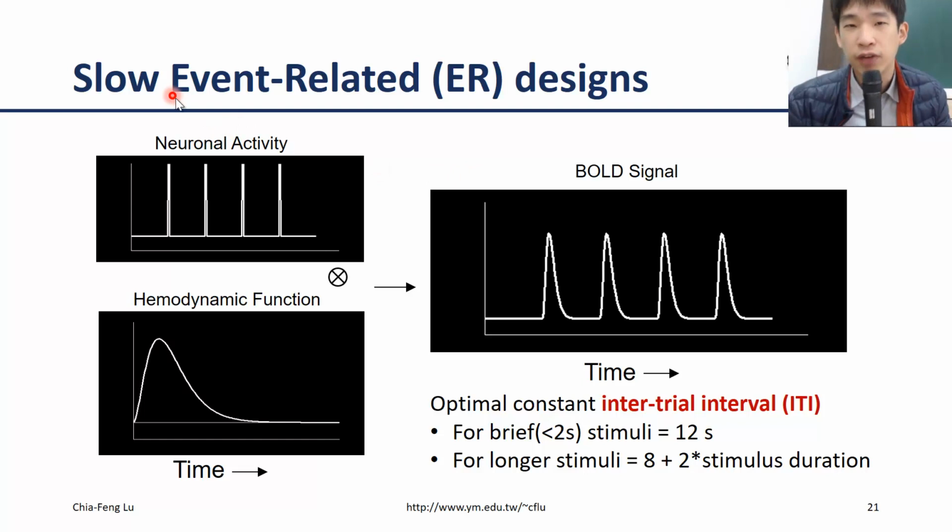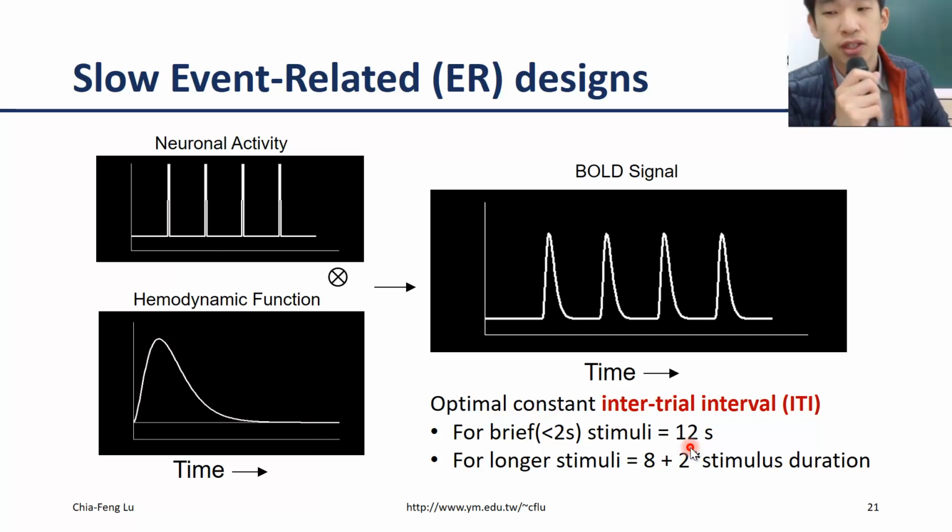And we say if you want to use a slow version to recover the hemodynamic function, the recommended inter-trial interval, that means from this trial to another one, is around 12 seconds.